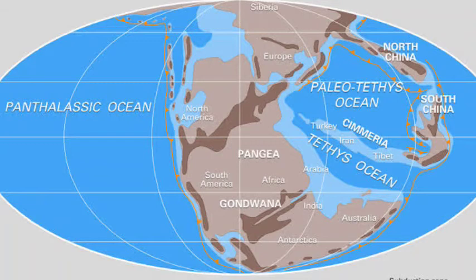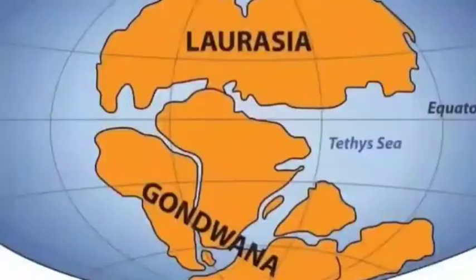Next, according to this theory, 200 million years ago, this single supercontinent was separated by Tethys Sea. So Tethys Sea separated it into two land masses. One is Angara land, another one is Gondwana land.